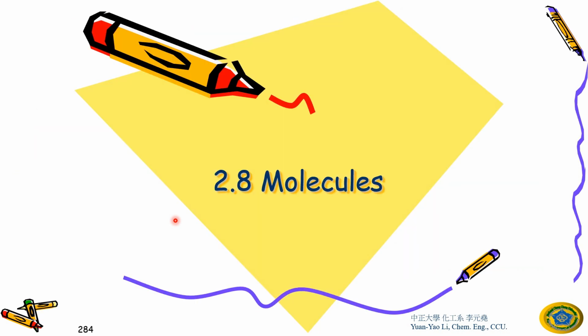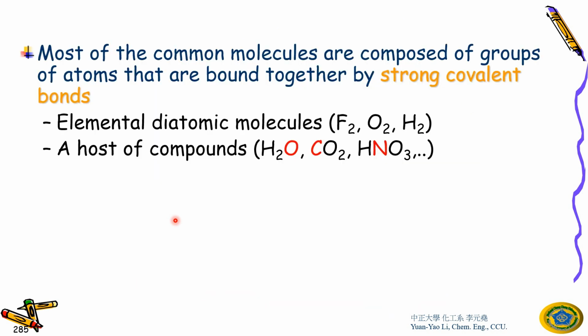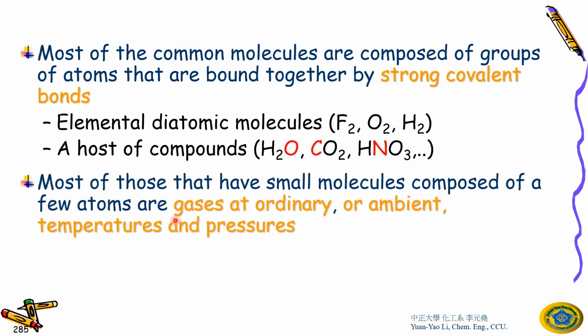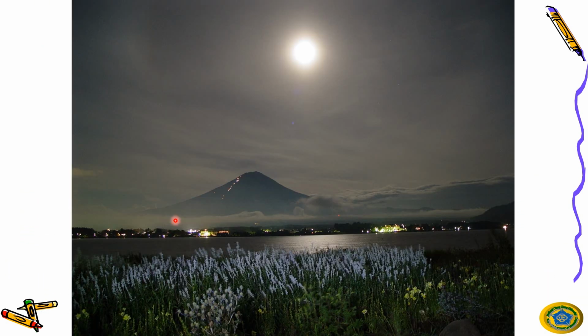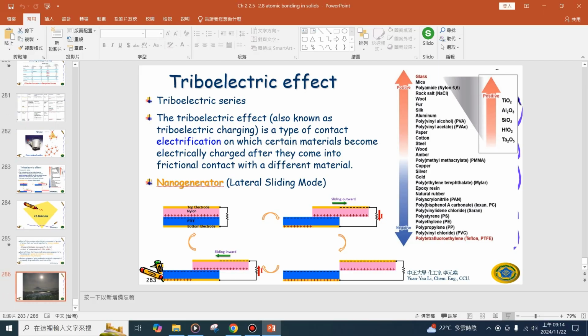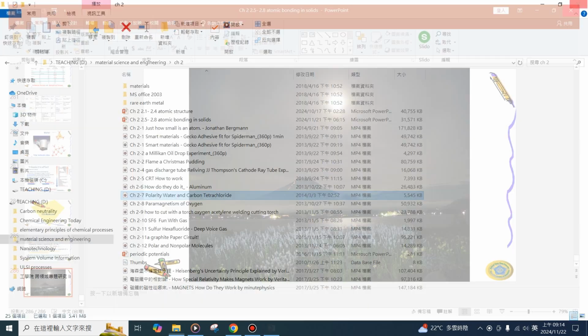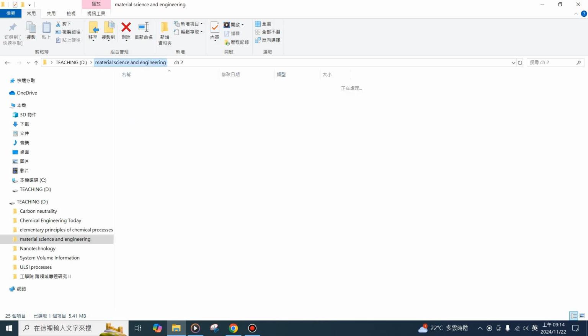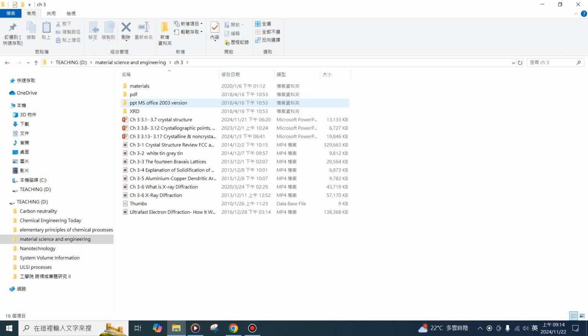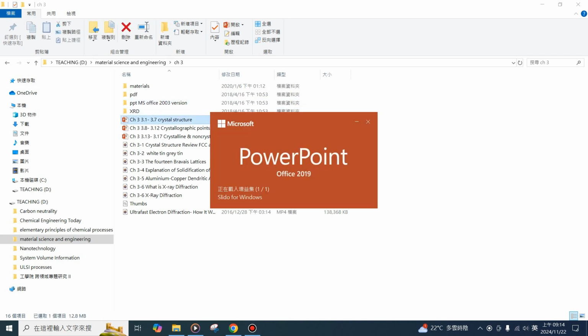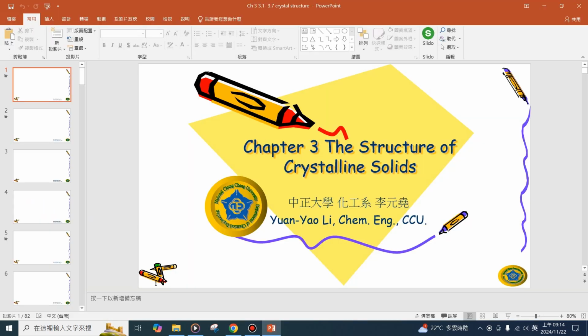Right, and for chapter 2.8, molecules, we already talked about this in previous lectures, so I will just skip this section. Okay? So that's it for chapter 2. It's been a long time because this is a very important topic. You need to understand atoms first.